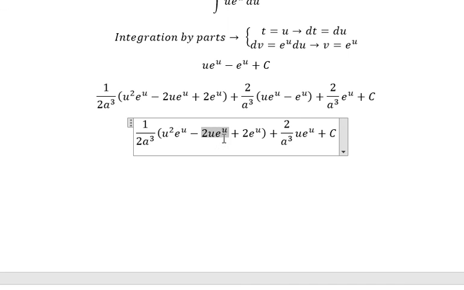And this one multiply with 1 over 2 a to the power of 3 plus 2a to the power of 3 multiply with u e to the power of u. So you got 1.